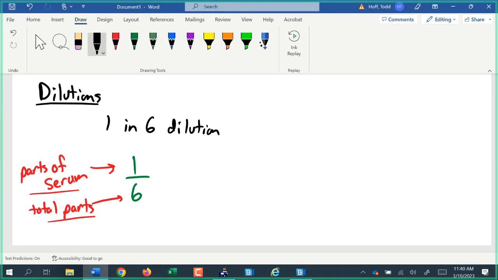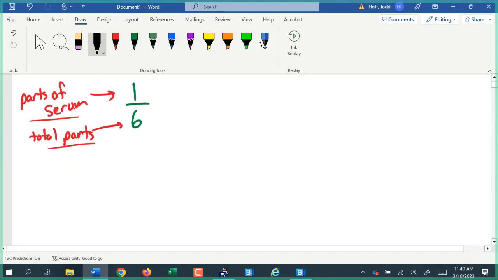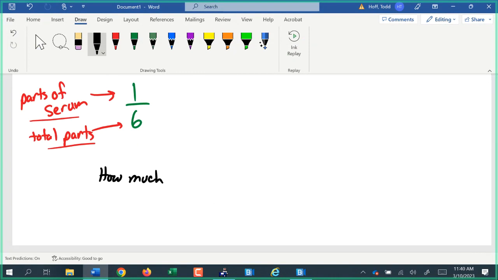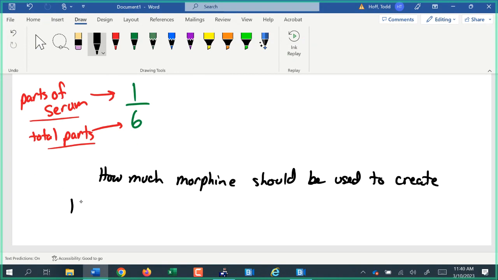One of the things we looked at was, how much morphine should be used to create 180 milliliters of a 2 in 15 dilution.